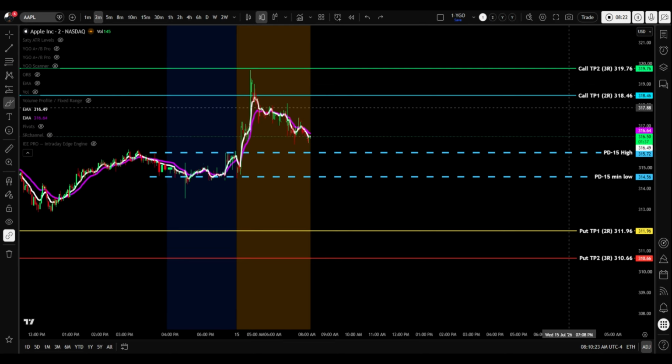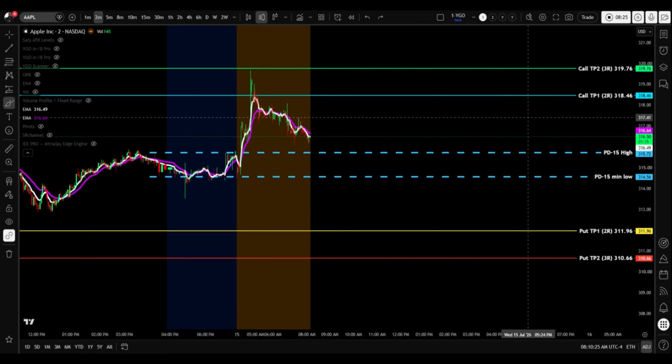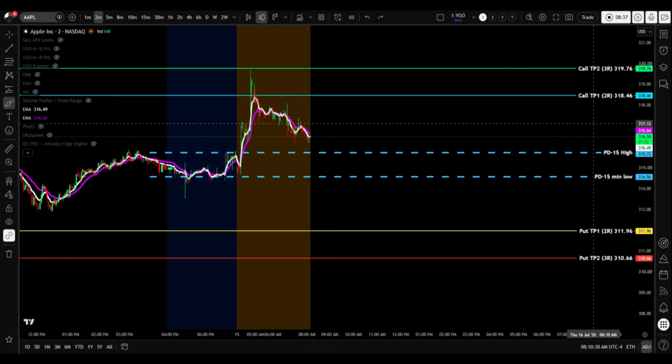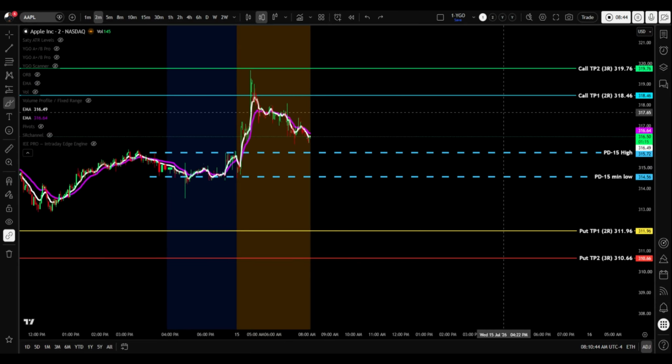If it still gives me volume, then we can look at 319.76 as the next target. But I'm not chasing if price is extended. If it already ran, I need the retest. For calls, the plan is hold 315.72, break the open range high, retest, confirm with volume, target 318.46, then 319.76.